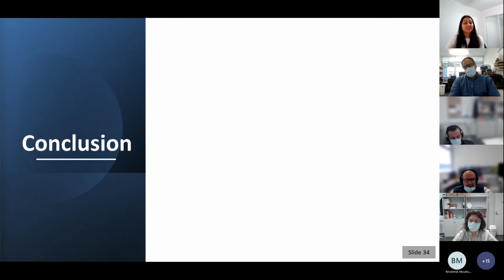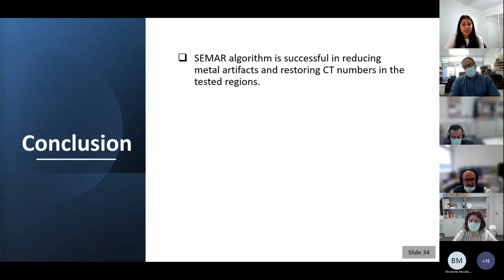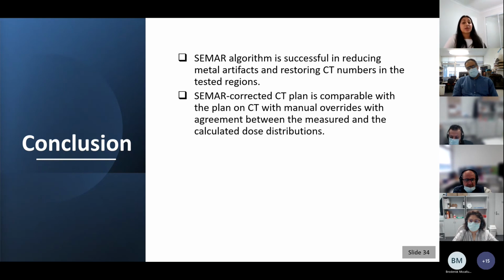So based on all these results, we conclude that the SEMR algorithm is successful in reducing metal artifacts and restoring CT numbers in the tested regions. And the SEMR-corrected CT plan is comparable with the plan on CT with manual density overrides, with agreement between the measured and the calculated dose distributions.